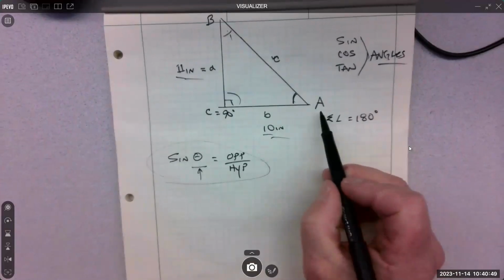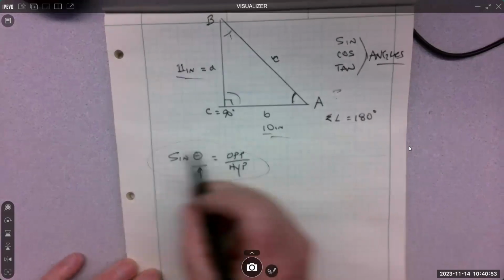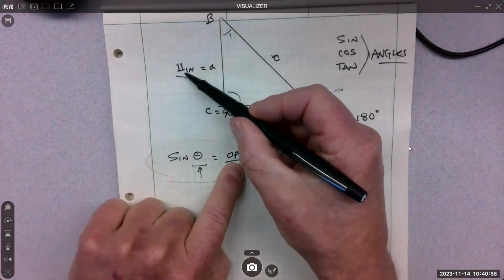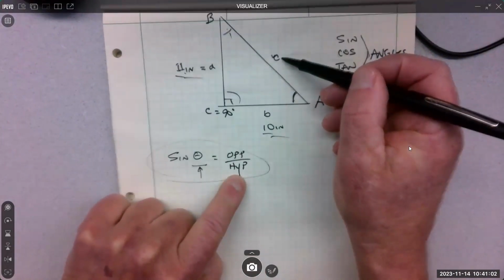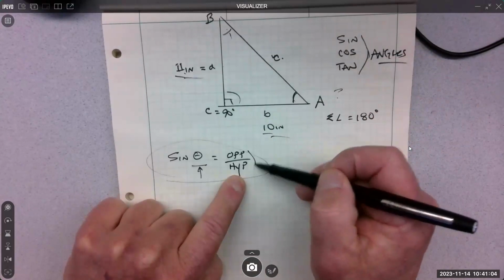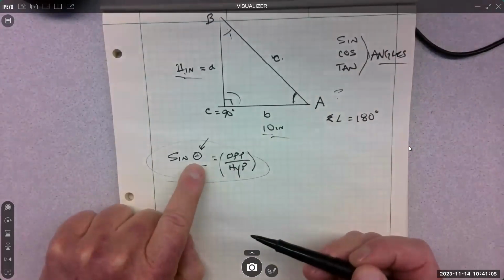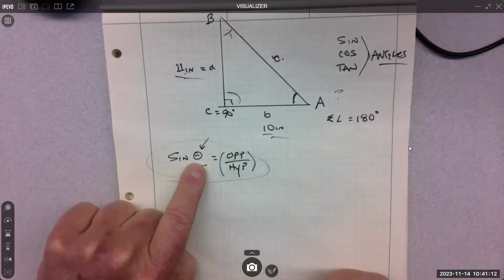So if I want to know angle A, I would use this because I know opposite is 11 inches. Uh-oh, I don't know C. So what I want is this to be solved, and then that becomes my unknown angle, right? So these two, you have to know how to use them.